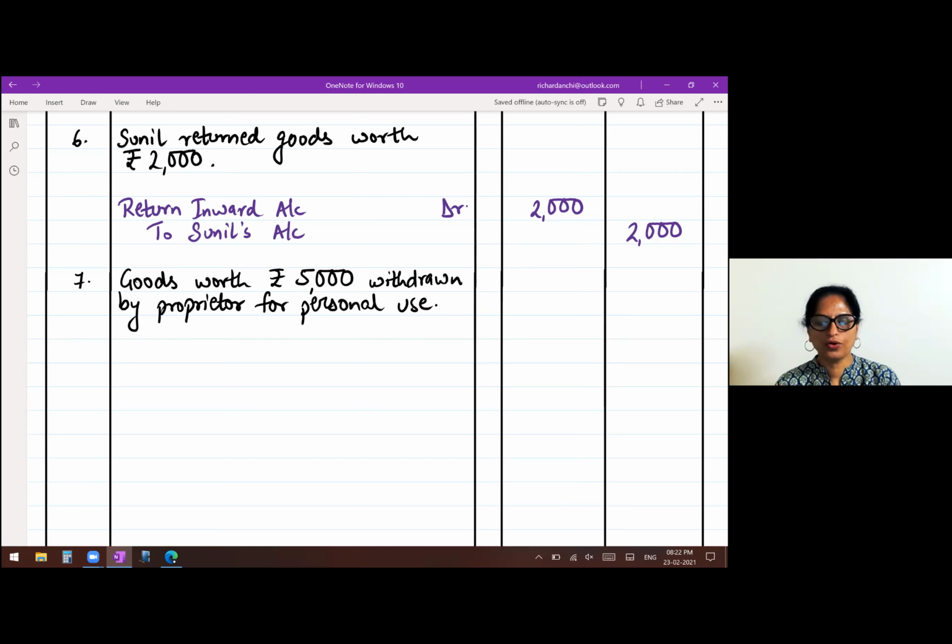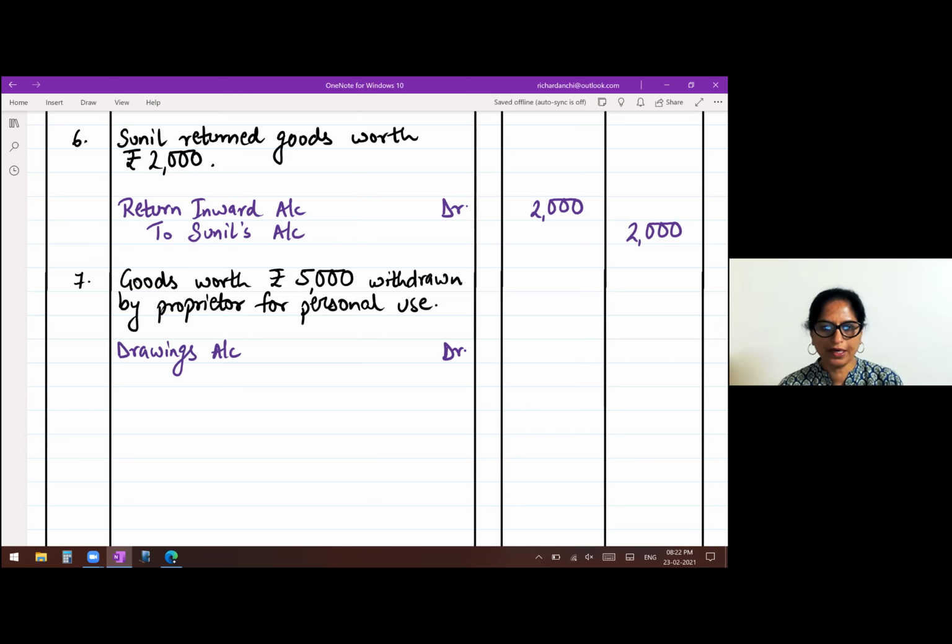So you know what you have to use here. We have already done. Personal use means one of the account will be drawings, and the other is goods. So goods are going out of business, and businessman is receiving the benefit. So now how will you write this journal entry? You will write drawings account debit. Drawings personal account, businessman is the receiver, so his account will be debited.